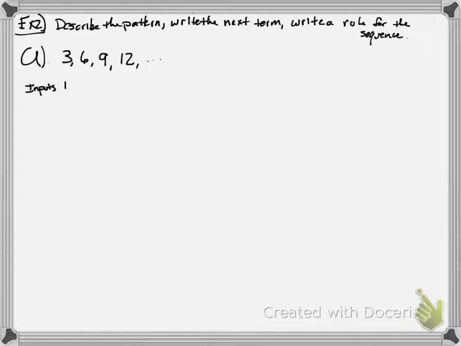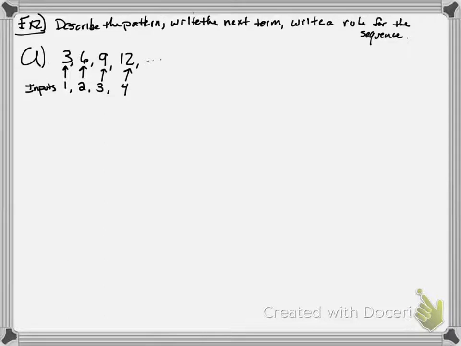So in order to get 3, we did something to the number 1 to get 3. And then we plug in 2, and we do something to get 6. And we plug in 3, and we get 9. We plug in 4, and we get 12. So we have to think, what are we doing to the input each time to get the output? Now this one, it's a little bit clearer that every time here, we multiply the input by 3 in order to get the output, or the term of the sequence.